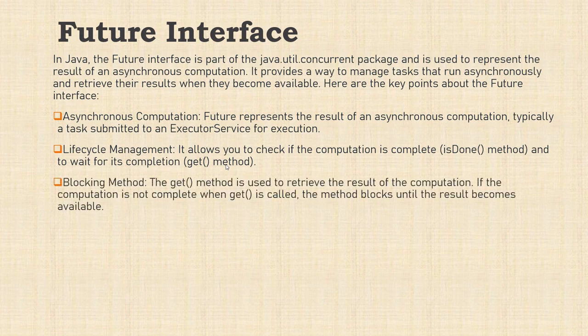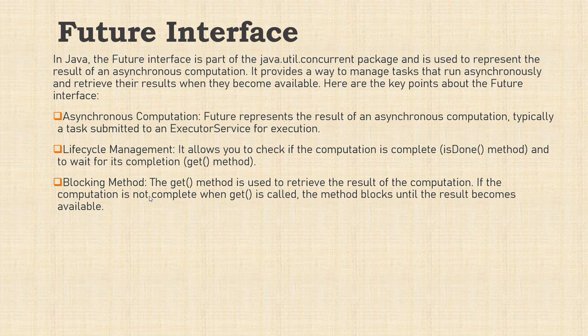Blocking method: the get method is used to retrieve the result of the computation. If the computation is not completed when get is called, the method blocks until the result becomes available. That means it waits till the completion of your task, which is another disadvantage of the Future interface. When you understand CompletableFuture, it replaces this, and the disadvantage is not there.